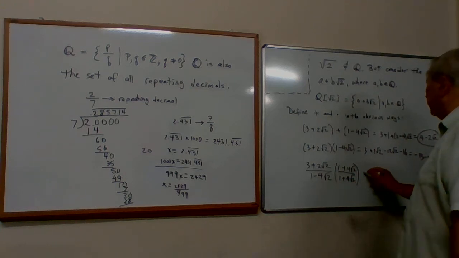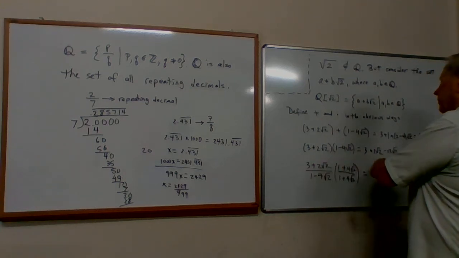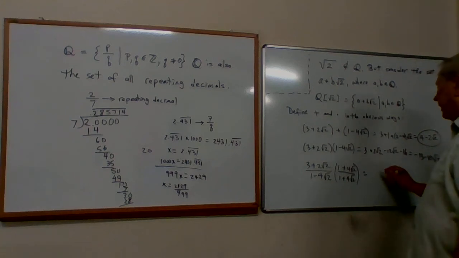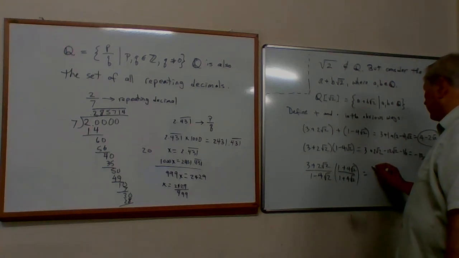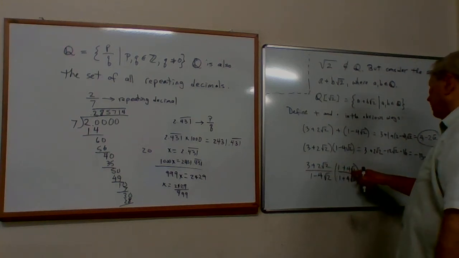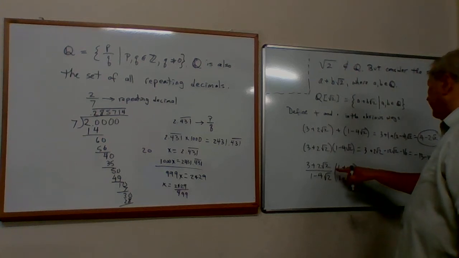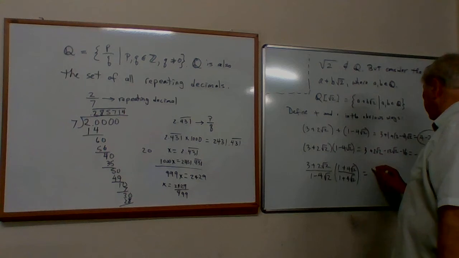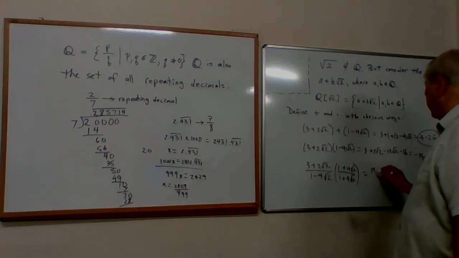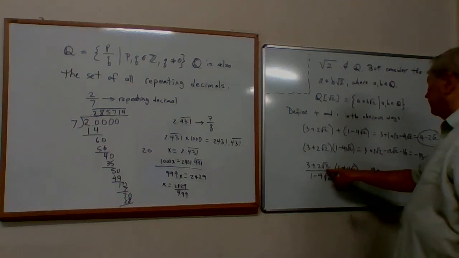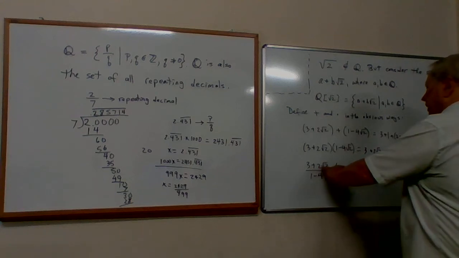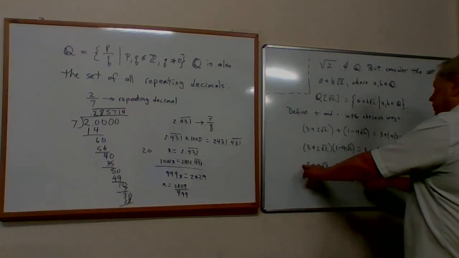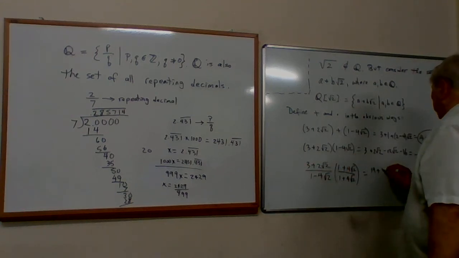And when I do this multiplication, up on top I get whatever I get when I FOIL. I get 3 plus 8 times 2. So 3 plus 16, I get 19. And what's the coefficient of the square root of 2? I get 2 root 2 plus 12 root 2, which is 14 root 2.